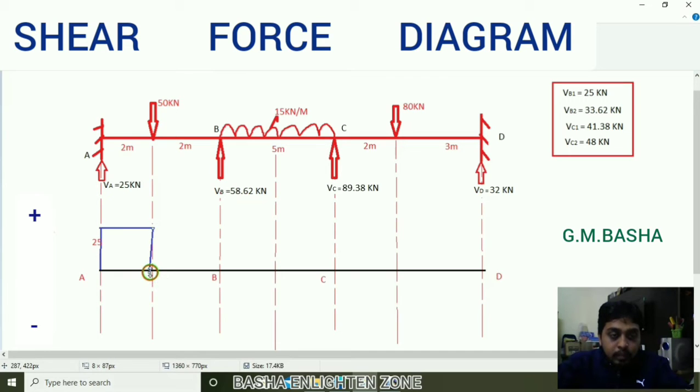From here we are drawing up to 50 kilonewton in the downward direction. So see here, from here to here, it will be 25 kilonewton. Again here to here, another 25, so totally it will be 50 kilonewton.